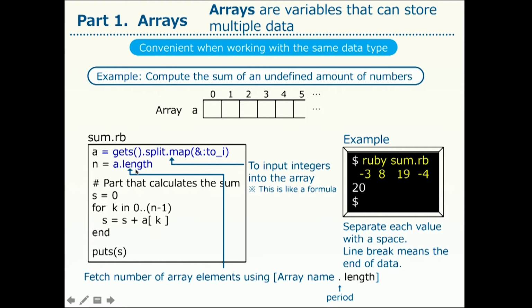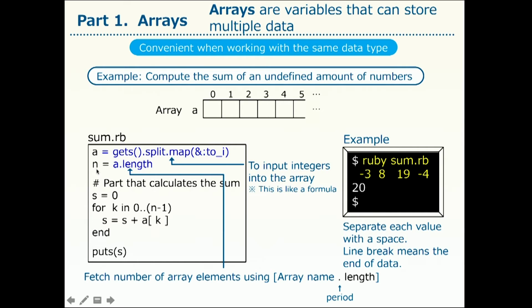So in this statement, first we obtain the number of elements in the array A and then store this number to the variable n. Remember, this equal sign is also a command. It means to store the right-hand side into the variable written to the left of the equal sign.